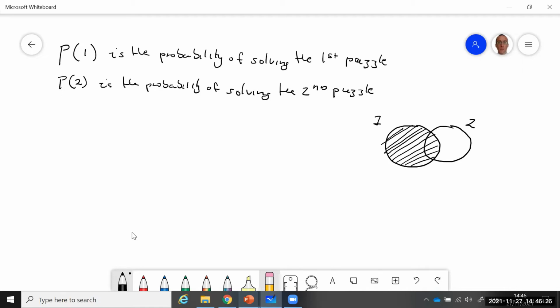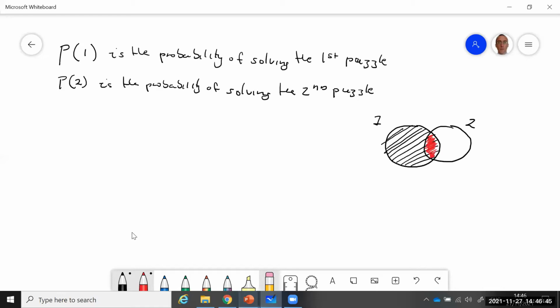The question says the probability that the student solved the second problem, given that they'd already solved the first problem. So what you're looking for is this area. You're asked what fraction of the overall region 1 is this particular red area.